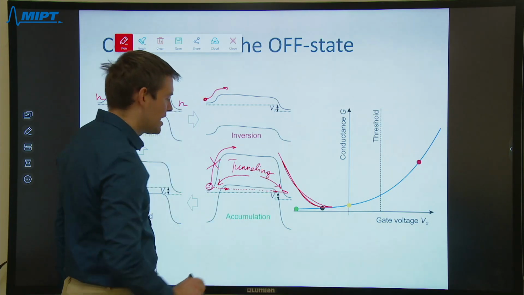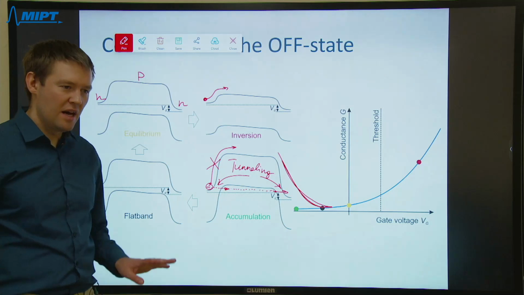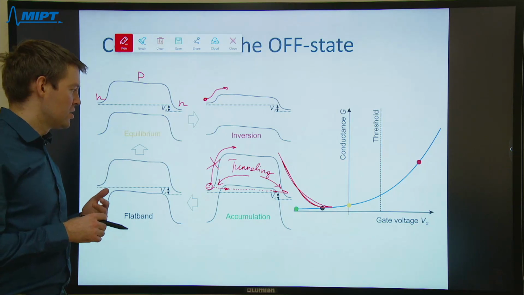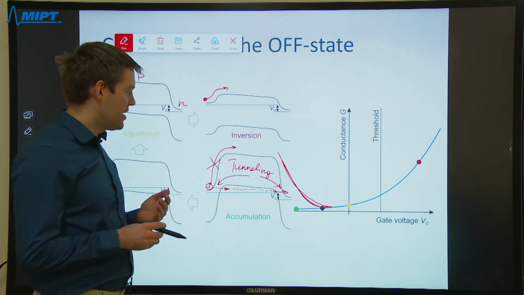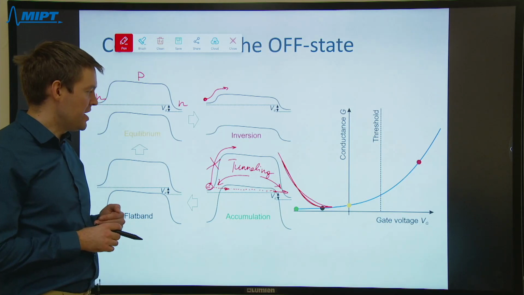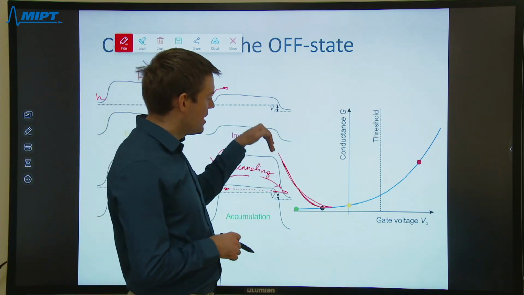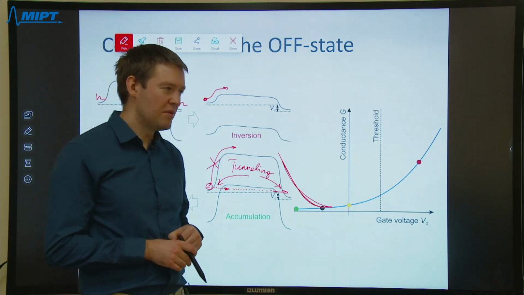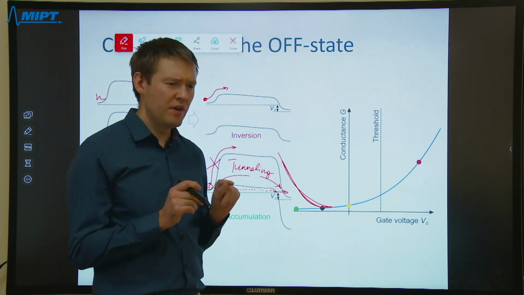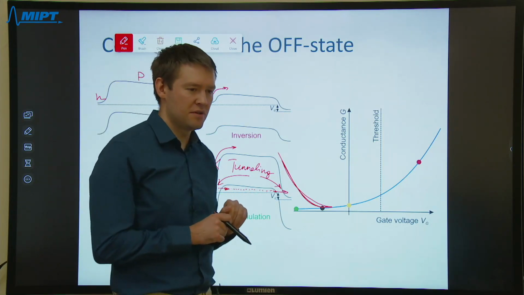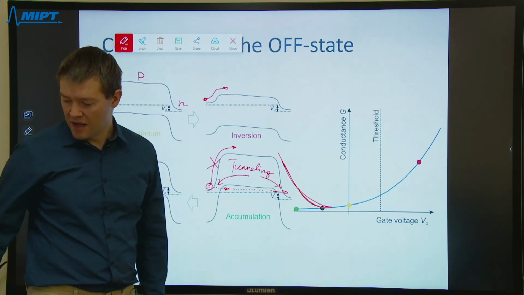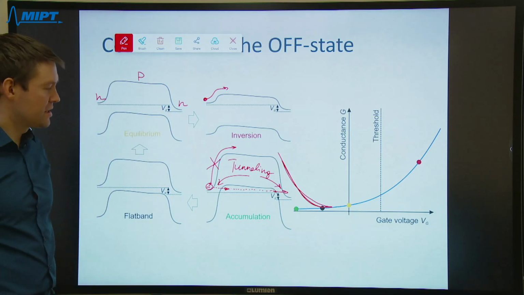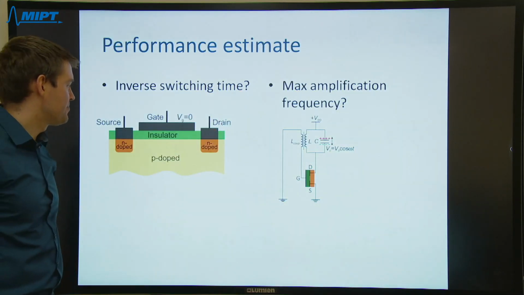And if tunneling is possible, like the semiconductor has a very narrow gap or it is a very short channel, then the conductance can be increased again at negative gate voltages due to tunneling. But this occurs only in narrow gap materials, or in very, very short channel structures where the tunneling can be.